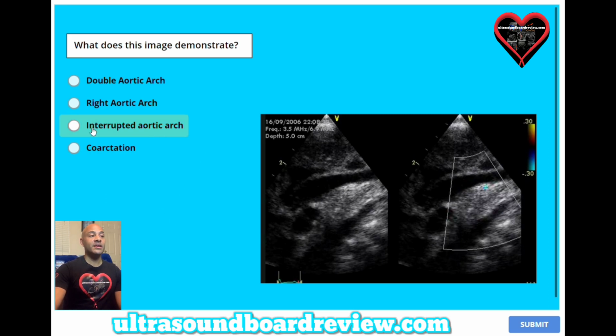The answer is C, interrupted aortic arch. So I'm showing you the same image defect over and over on purpose so that you will know and identify this type of disease on your boards.